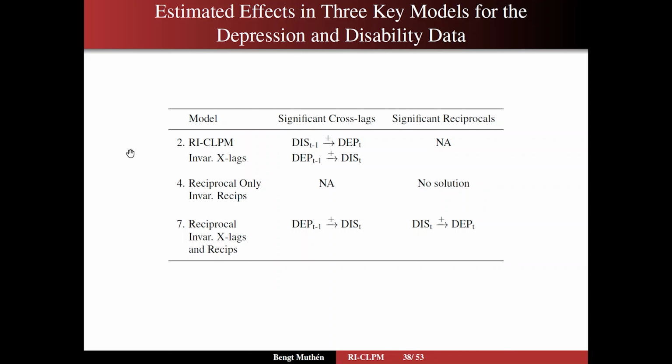So that's an example of different interpretations of the same data using essentially the same models, equivalent models, I should say, not the same models, but equivalent, because they fit the data the same way.